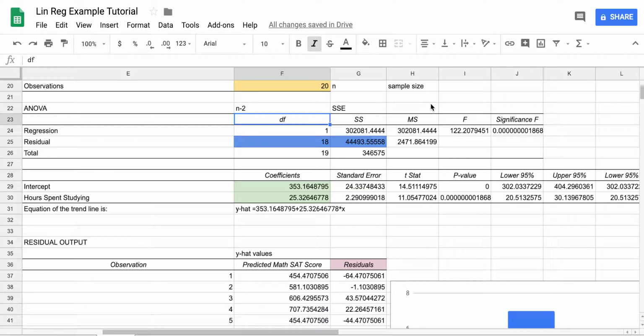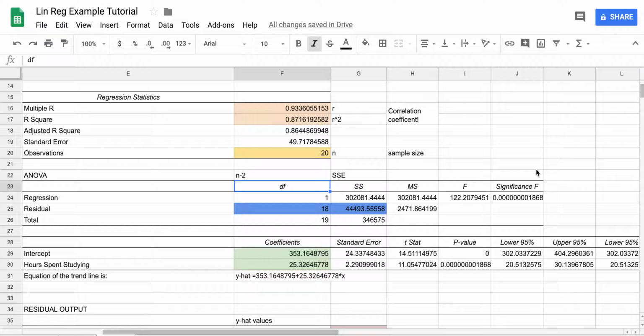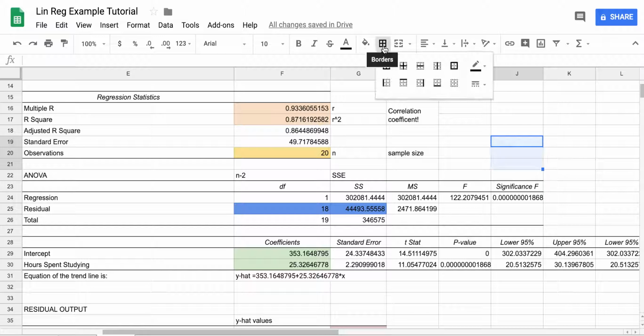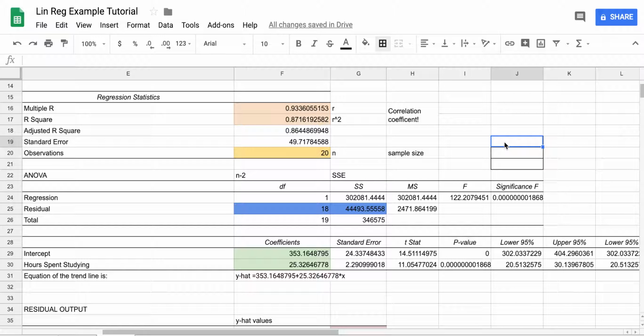So I'm going to build a little thing over here, and I'm going to say S is equal to the square root of SSE divided by n minus 2, just to remind myself what I'm doing.